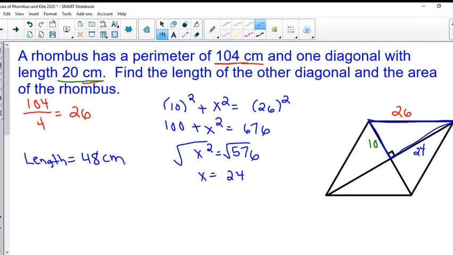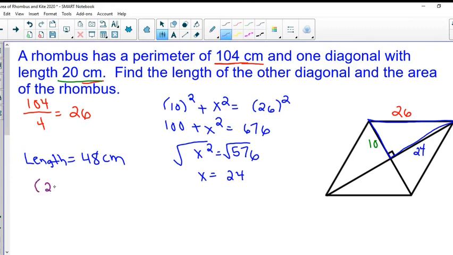Now, for the area, we have to go back to our formula. Remember, our formula is diagonal 1 times diagonal 2, divided by 2. Our first diagonal was given to us in the problem, which was 20. And then our second diagonal we just found, which was the 48.